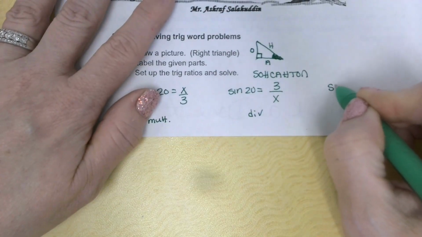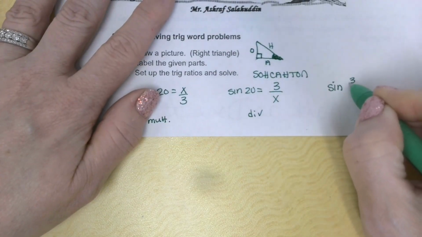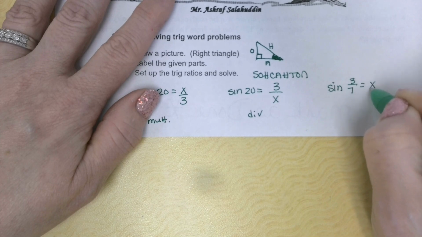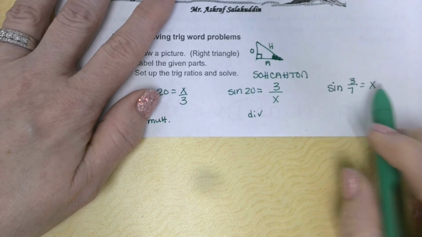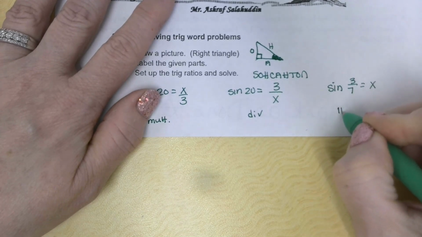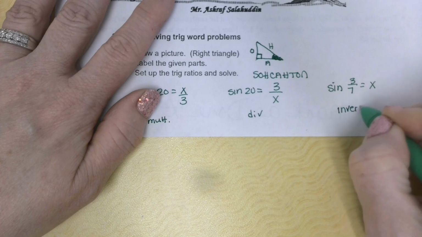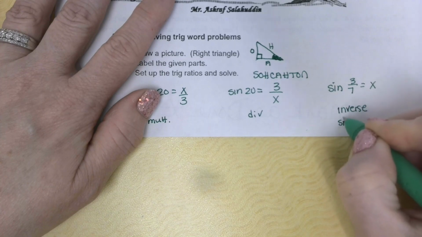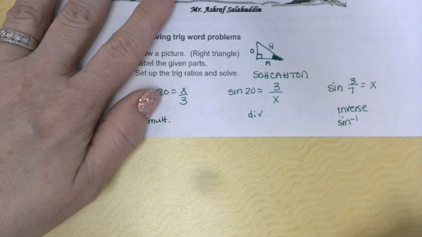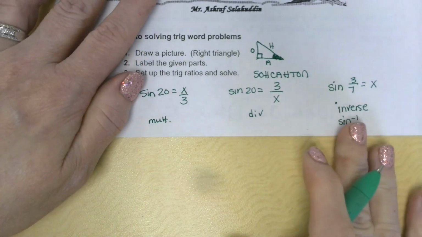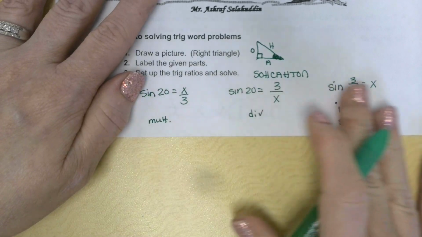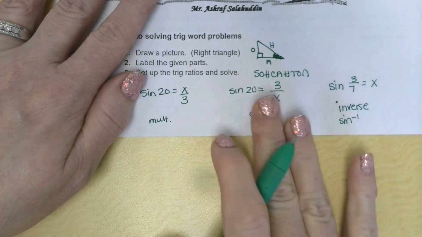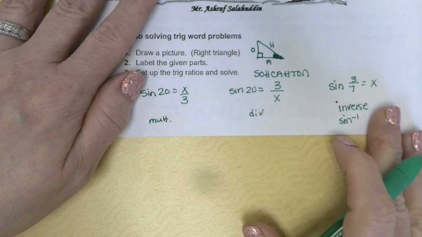And then when X is over here, that is the inverse problem. And that's when we use the inverse key. Okay. So those are the only 3 types of problems that you have to do. Once you get the problem set up, then we have had enough practice with these. That's what you're going to be working on.